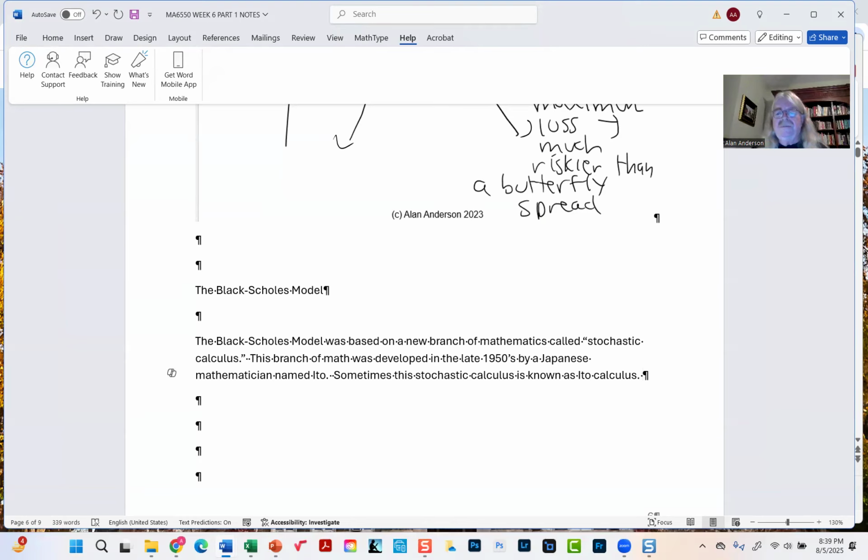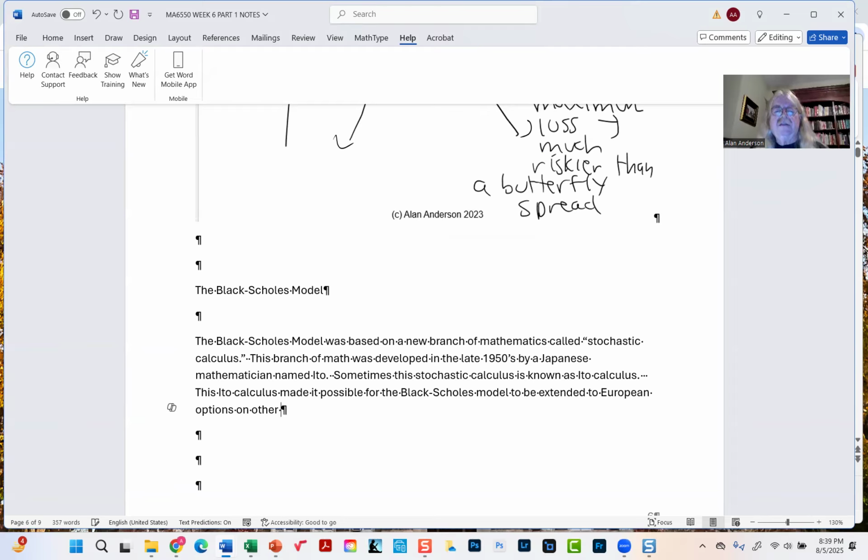And it's a good thing he did, because this Ito calculus made it possible for the Black-Scholes model to be extended to European options on other assets besides non-dividend paying stocks, which is all that it could do when it first came out. When that paper first came out, it was literally just meant for that one thing: European call options on non-dividend paying stocks only.